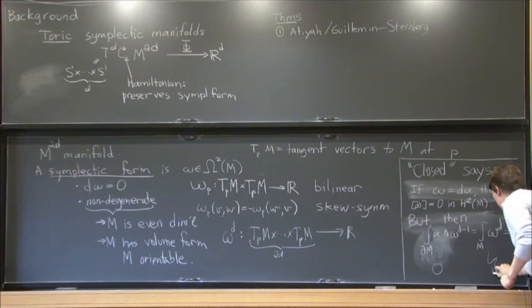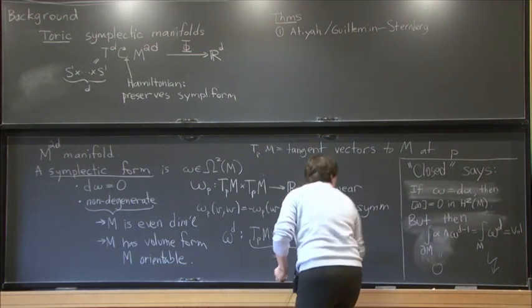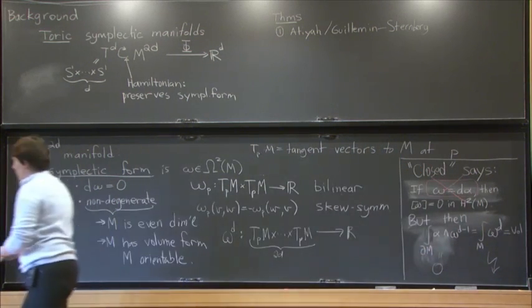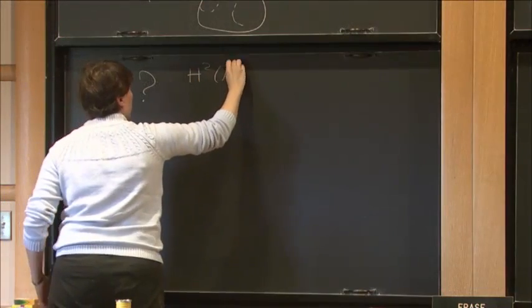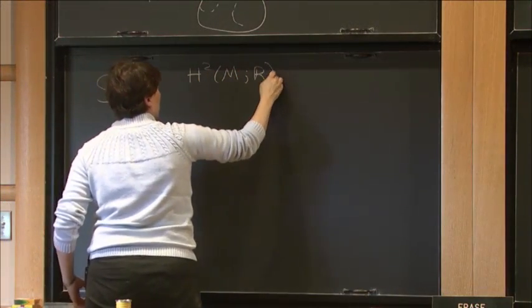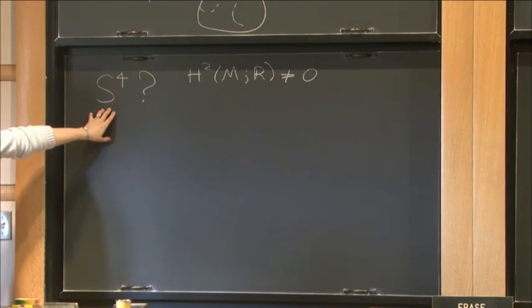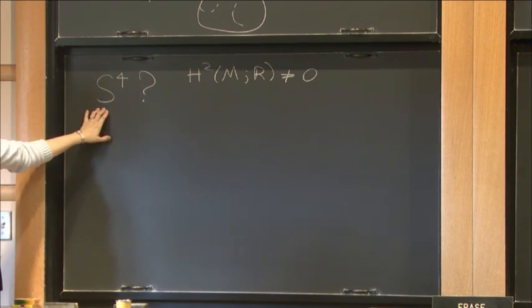And so that wouldn't work. So this must be false. And so in particular, H2 can't be 0. S4 only has homology or cohomology in degree 0 and 4, so this one can't be symplectic.